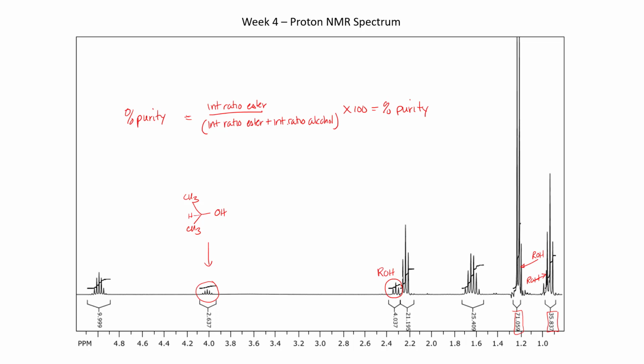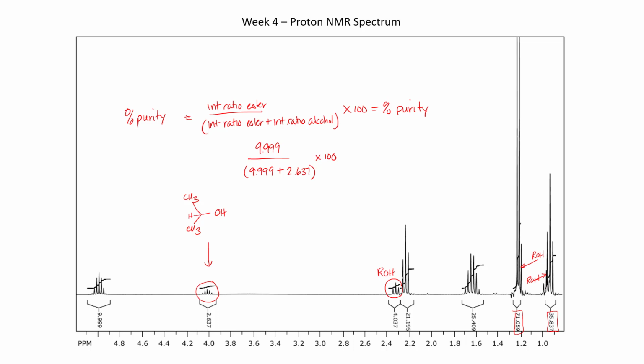It's kind of like what we did with GC last semester. So in this case, I have 9.999 over 9.999 plus 2.637 times 100.